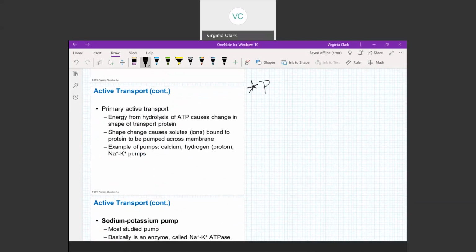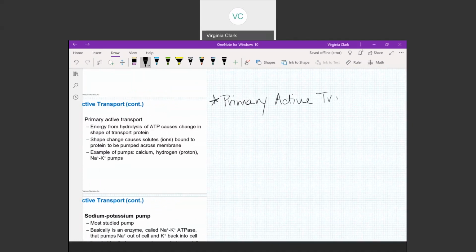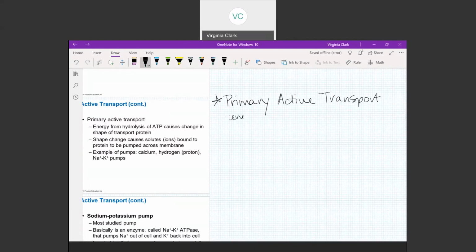This is one of two major processes that you need to know from part 1. We haven't even gotten to the bulk of this chapter yet. So, primary active transport. This is happening because there is energy, or ATP, that is used. So it is using energy from ATP, and the energy from ATP will cause the shape of the protein to change.